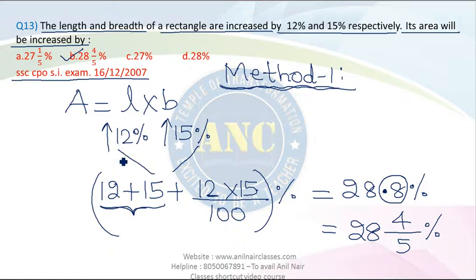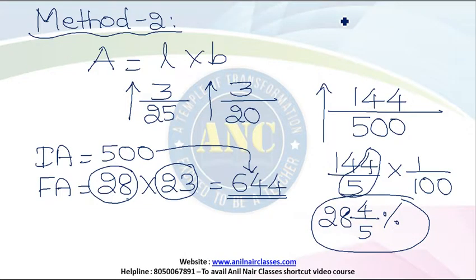But I can say that if the percentage values given in the exam, like 12%, 15%, are the values we have learnt in the starting of this particular topic, then let us go for this beautiful method, whatever is visible on the screen right now.